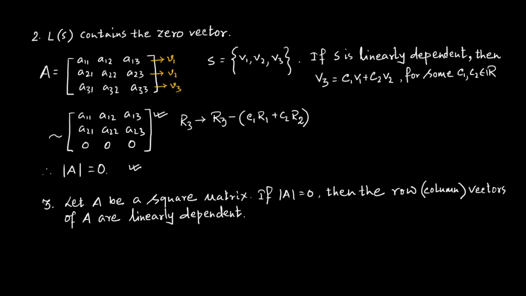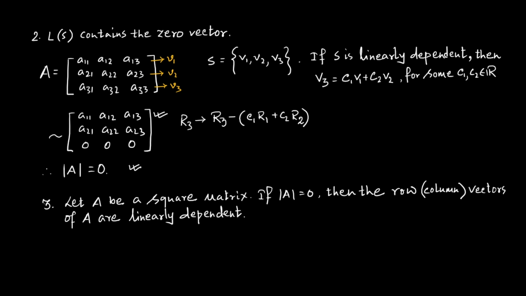Now this is a very easy way to test whether a given set of vectors is linearly dependent or not. You find out the determinant value. If the determinant value is equal to 0, then you know that your set of vectors is linearly dependent. But remember, for that your matrix should be a square matrix. If it is not a square matrix, then you have to do some other kind of checking, whatever we have done earlier.